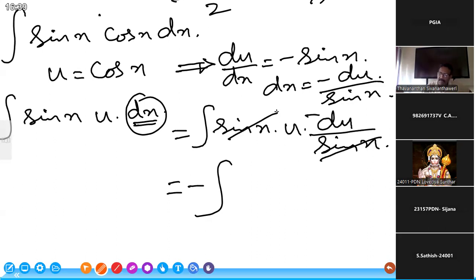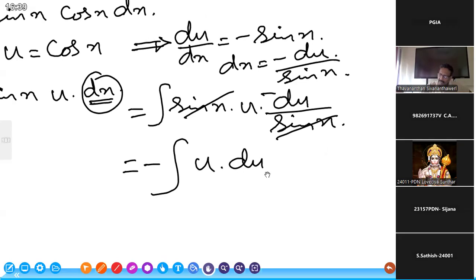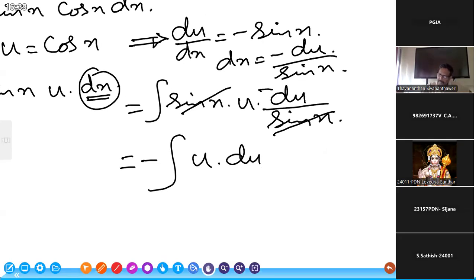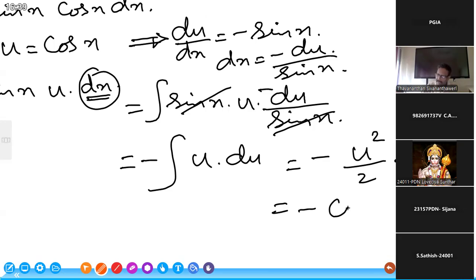This sign will cancel off with this, so you end up with u into du. That is equal to minus u to the power 2 by 2 plus c. You considered u as cos x, so minus cos square x by 2 plus c.